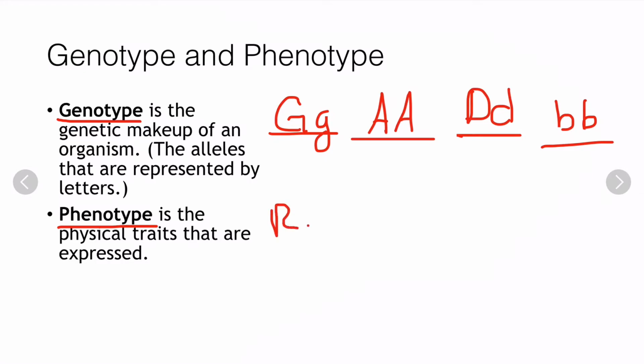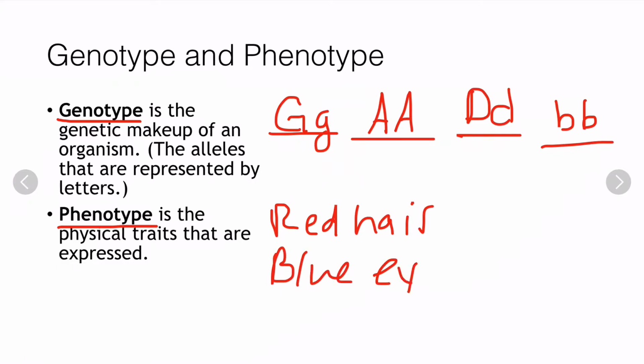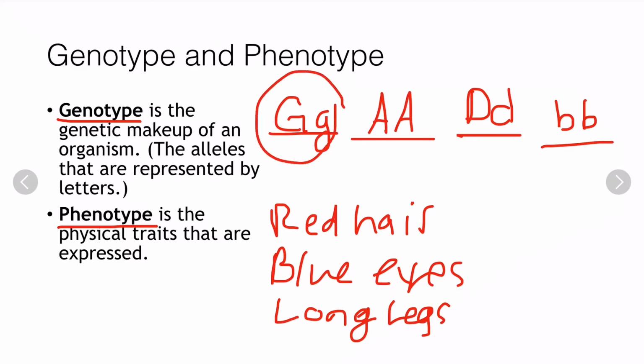So red hair or blue eyes, or let's see, we could have long legs. I don't know if that's a genetic trait, but you get it. The physical traits that we can see are the phenotype. So somebody says, what's the genotype for that red-haired girl? It might be heterozygous, big G, little g, okay?